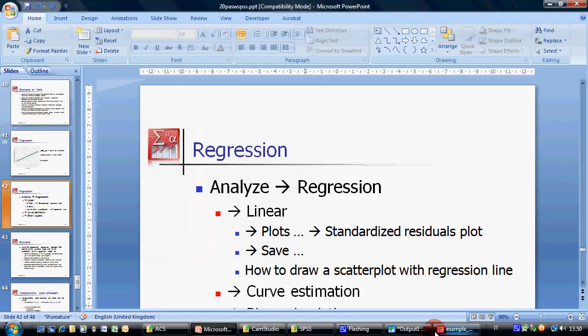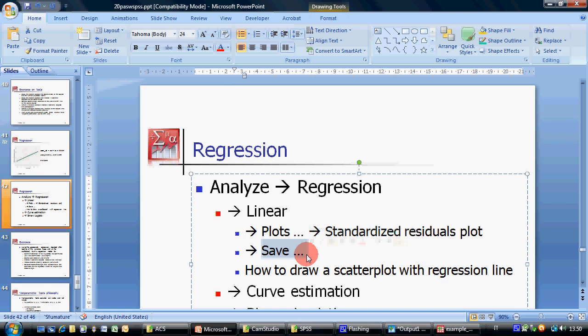Another thing which you may want to do is saving the residuals. It may seem incredible to you, but for some models, it's more interesting the error than the prediction itself. I have seen some of your theses where the student or the referee or the supervisor was more interested in how much the errors were rather than the value of the model.